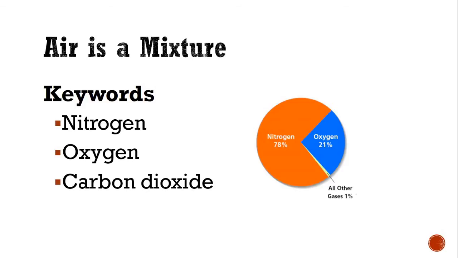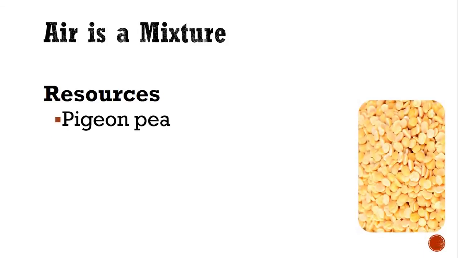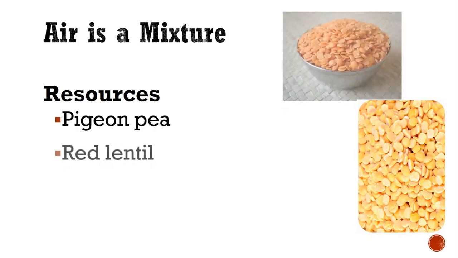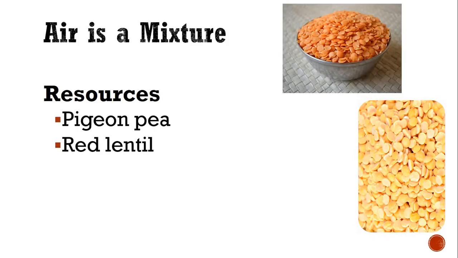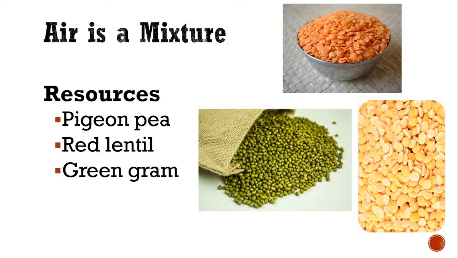Okay. Next is an activity. For that, needed resources are pigeon pea or arhar dal, red lentil or masoor, green gram or moong.